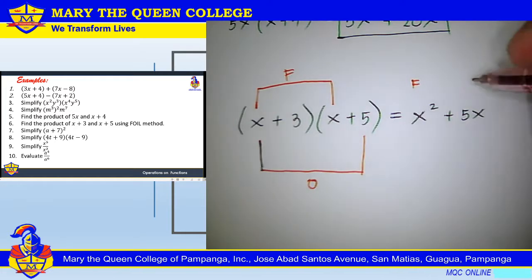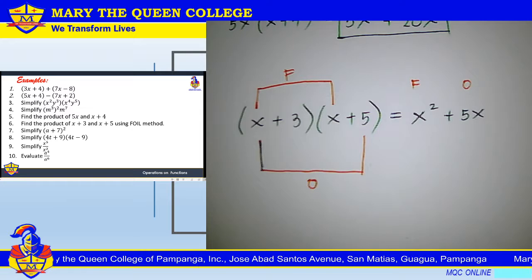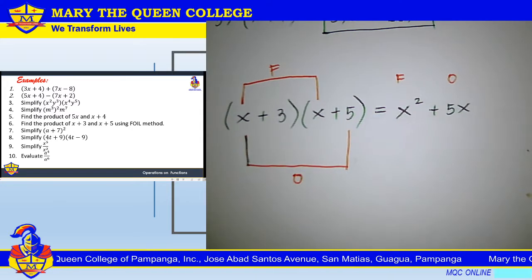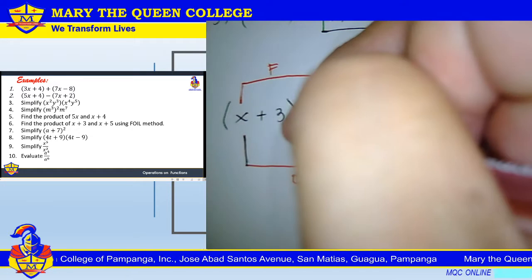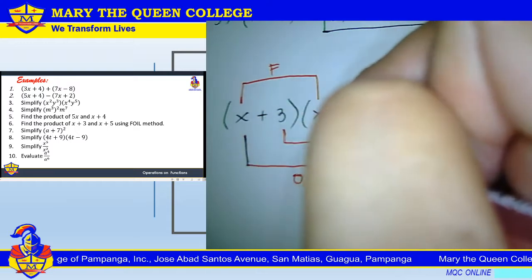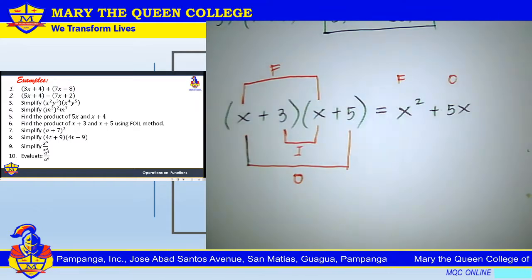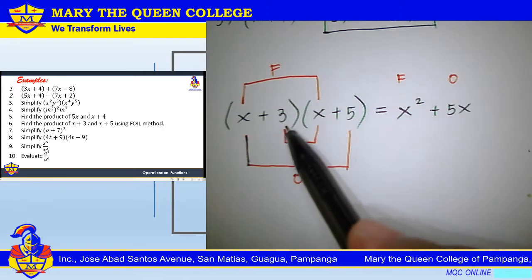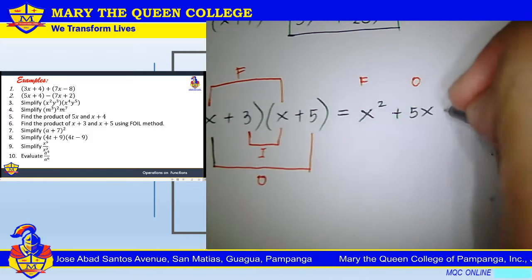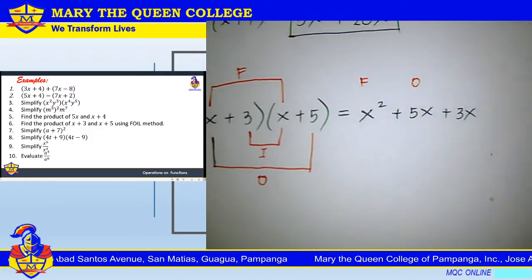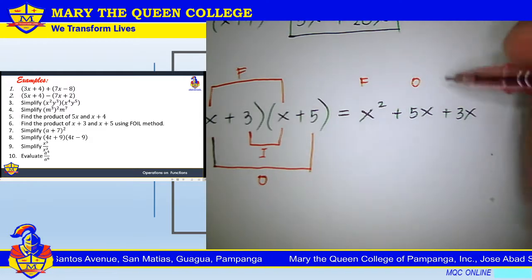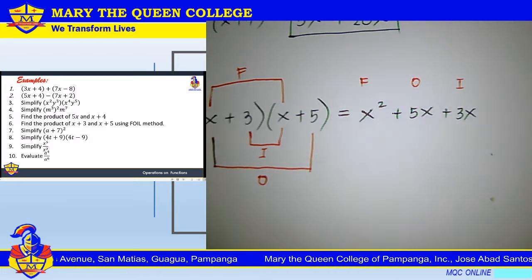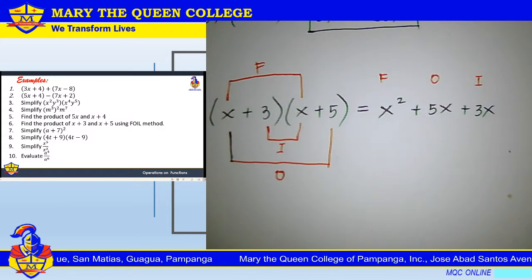That is our outer terms. And then the ones in the middle, beside each other, are the inner terms or inside terms. 3 times x is positive 3x. That is our inner terms.